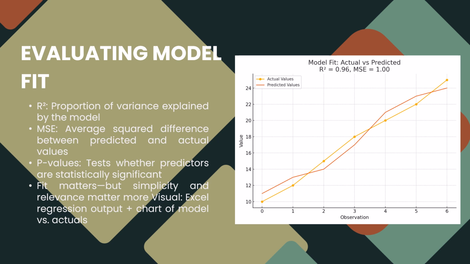P-values help us determine if predictors are genuinely impactful or just random noise. But we have to be careful because chasing a perfect fit can lead to overfitting. So the goal isn't to fit your data perfectly, but to create a model that performs well on future unseen data.